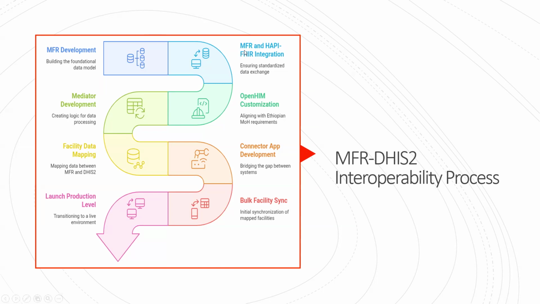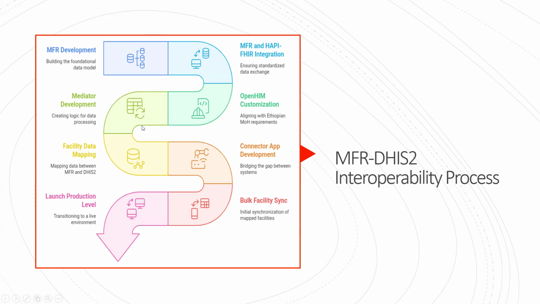This MFR should be FHIR compliant, so any system that wants to access data should get the information using FHIR. So we integrated with HAPI FHIR technology. Then we had to develop our own middleware, a mediator, through OpenHIM customization. We customized our own OpenHIM as a country.